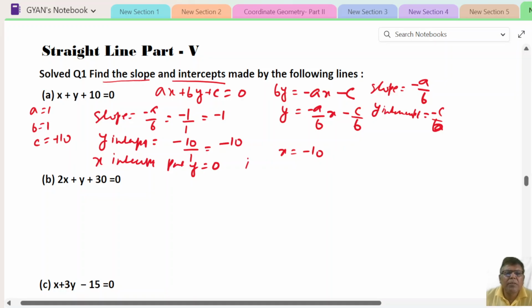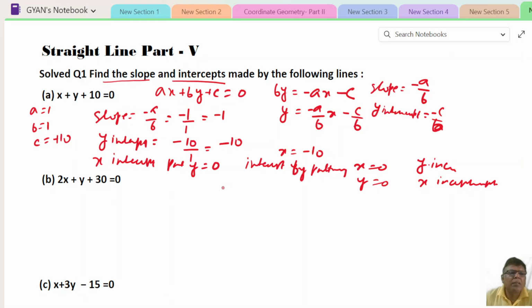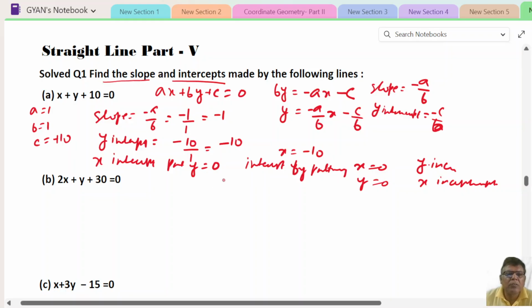So intercepts we can find by putting x is equal to 0, then we'll get the y-intercept. And put y is equal to 0, then we'll get the x-intercept. So that way also you can find the intercepts. And another method is that you convert into x by a plus y by b is equal to 1.